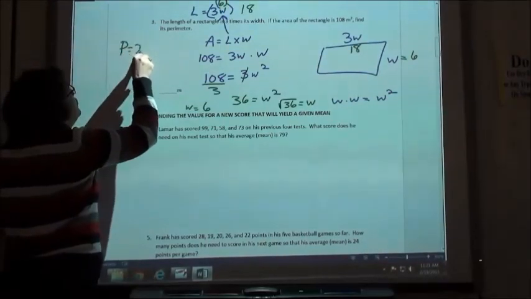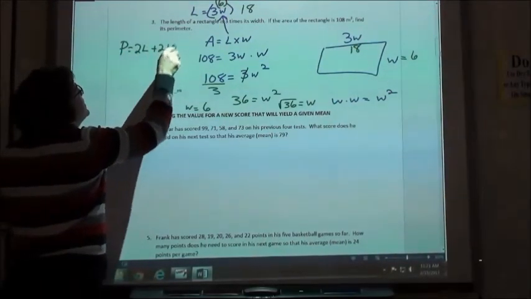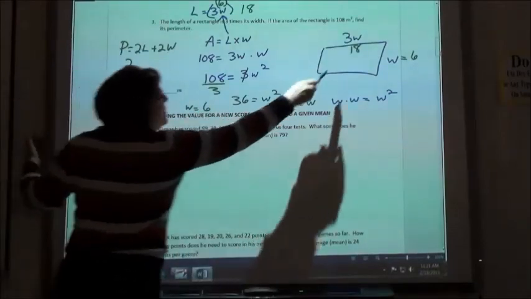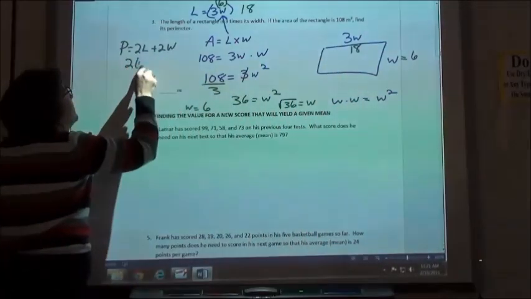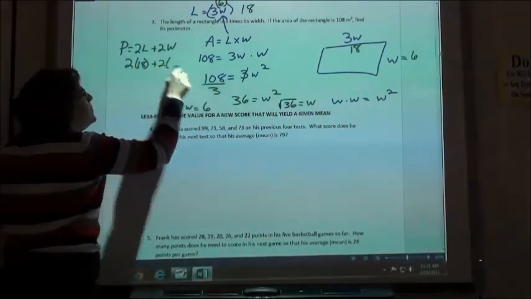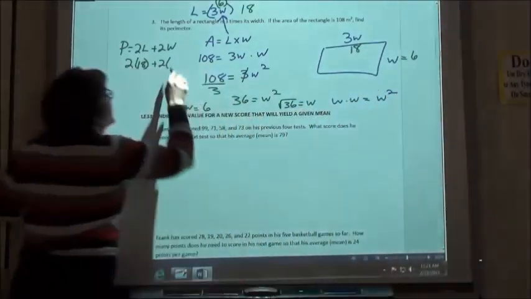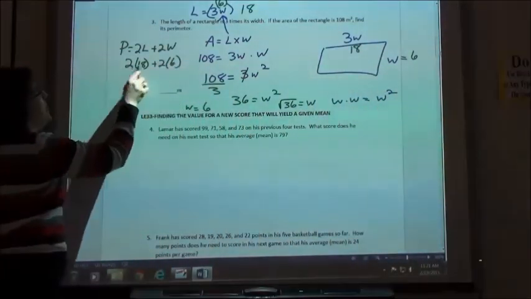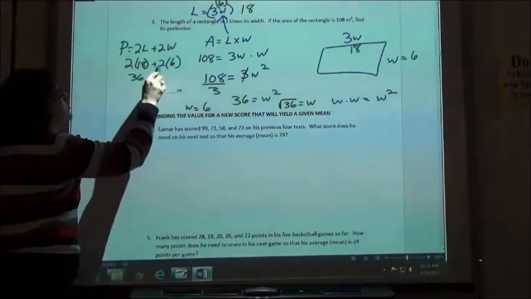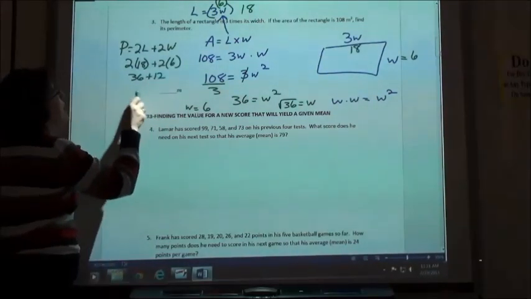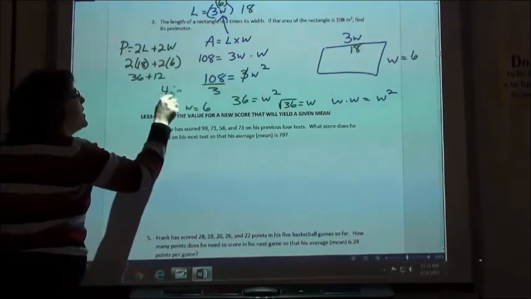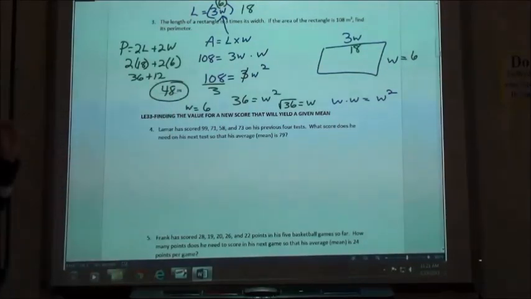Perimeter is 2 lengths plus 2 widths. So 2 times the length, which is 18, plus 2 times the width, which is 6. 2 times 18 is 36. 2 times 6 is 12. 36 plus 12 is 48. So 48 is the answer to our question.